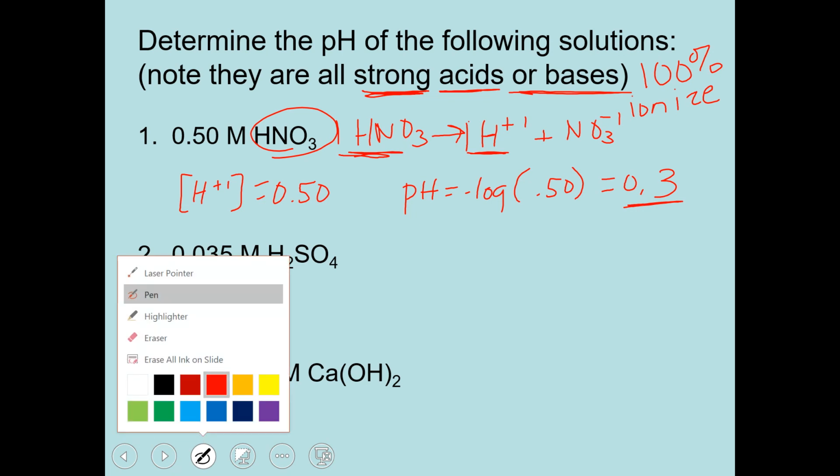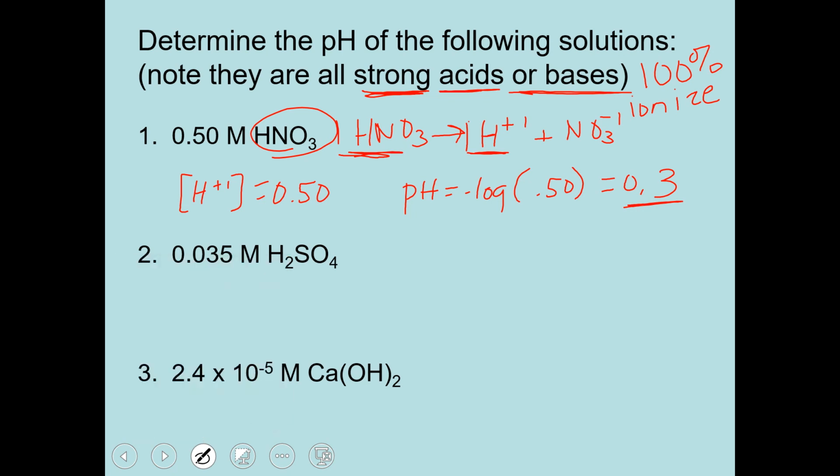Now I'm going to switch colors just so I can keep them all straight. But sulfuric acid is also a strong acid. So the arrow is going to go one way. Every molecule that dissolves breaks apart. Do you see that you get 2 hydrogen ions, though, for every 1 sulfate ion?